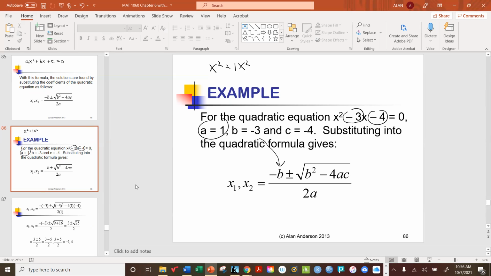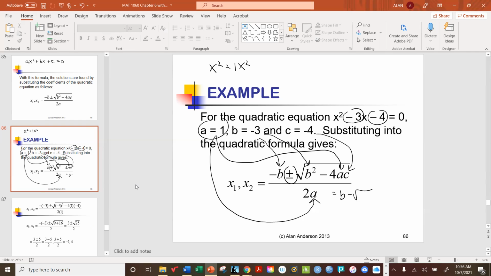All right, so we're just going to plug those numbers into this formula. c comes in here, and then a shows up twice. And when you plug that in, now notice we have plus and minus, which means there's two values here. This is the equivalent of saying negative b minus and negative b plus all of this.